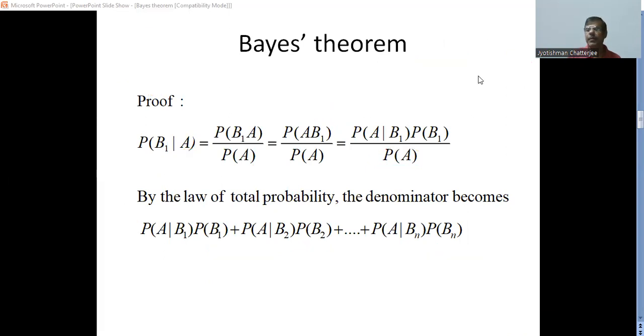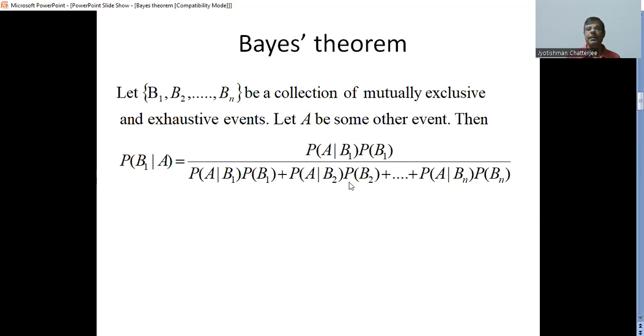Let me go to the previous one. Okay. Previous one. Yeah. See the expression here? P of B1 given A is equal to, the numerator is, we are just flipping the order. Instead of B1 given A, here we have got P of A given B1 multiplied by P of B1. And in the denominator, we have got all n terms.